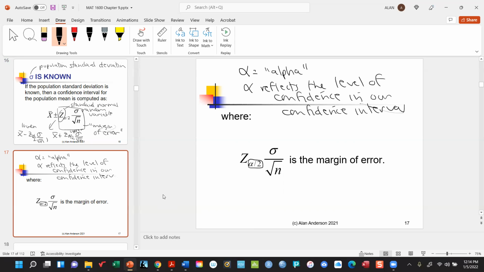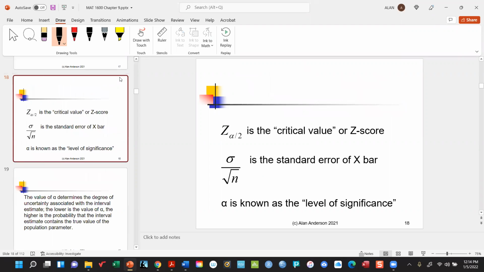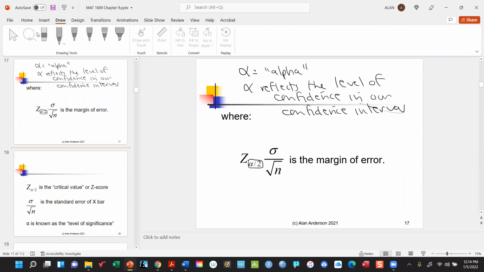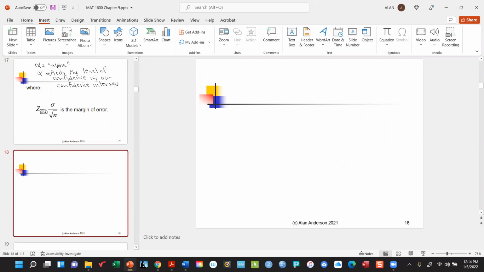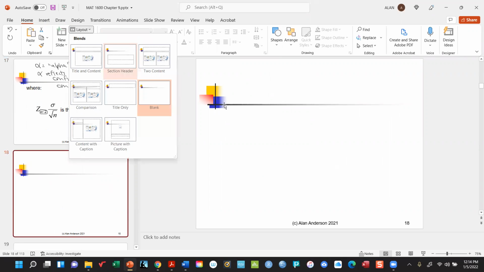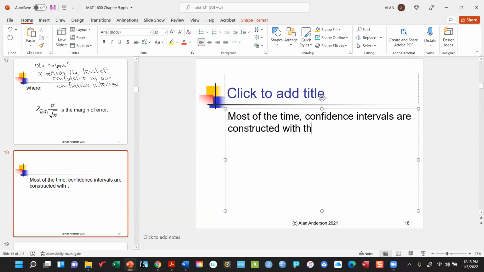Now, I just want to mention in passing here, typically confidence intervals take one of three forms. Most of the time, confidence intervals are constructed with the following levels of confidence, as they're called.